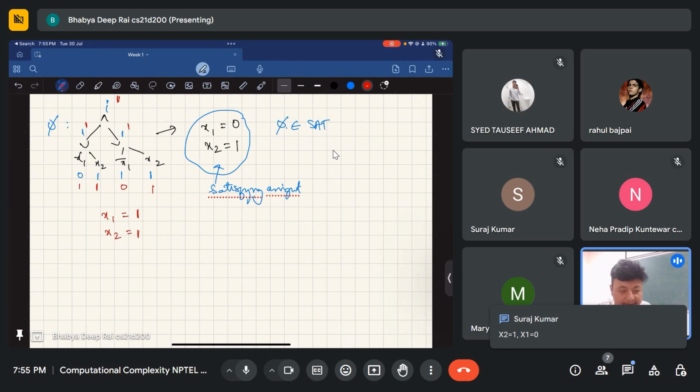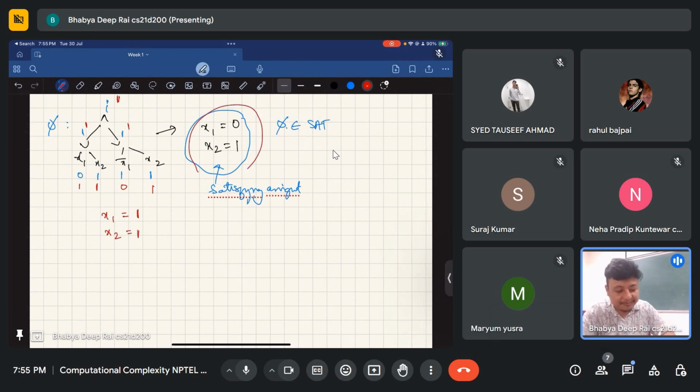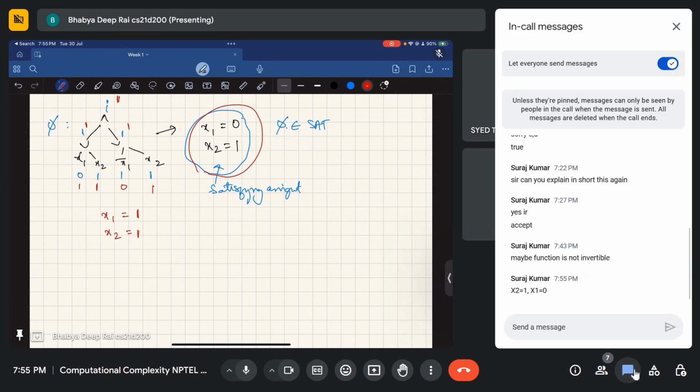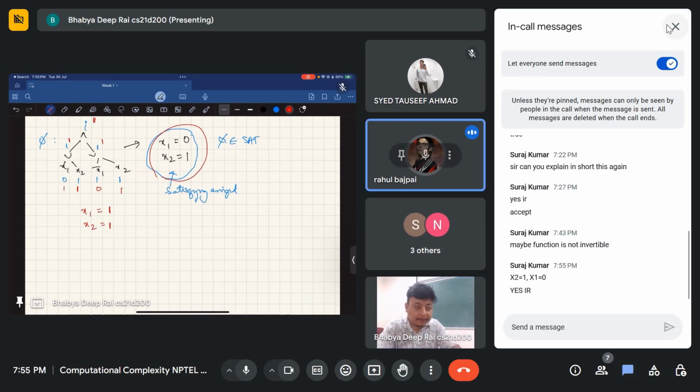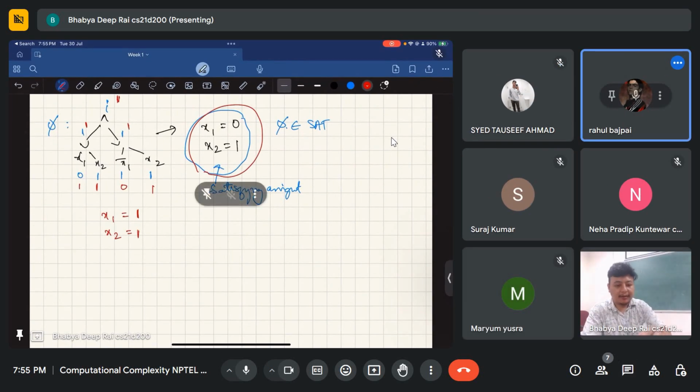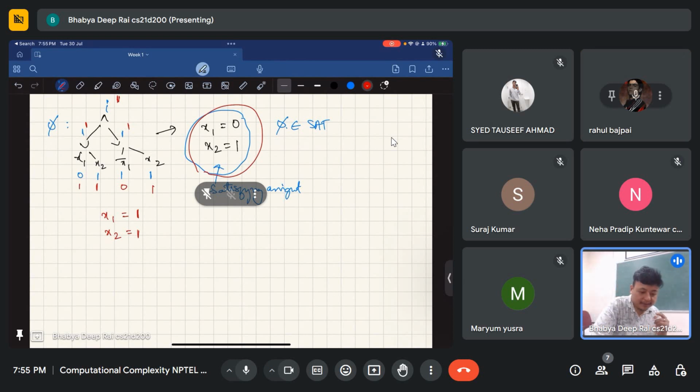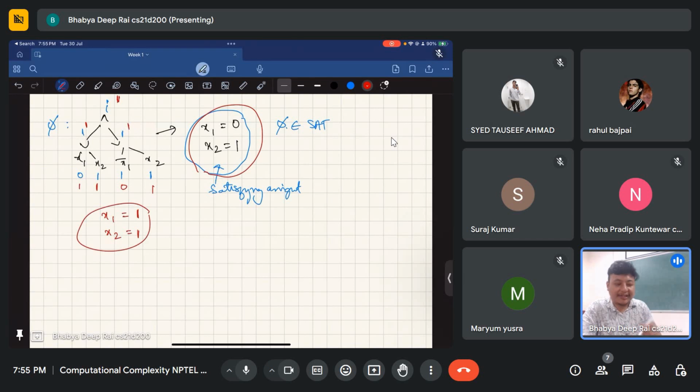Yeah, Suraj, this is the same thing, right? That's right, x1 equals 0, x2 is 1. Now, there are two satisfying assignments. Therefore, phi is also in double SAT.